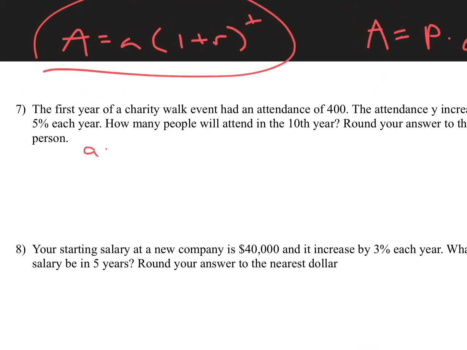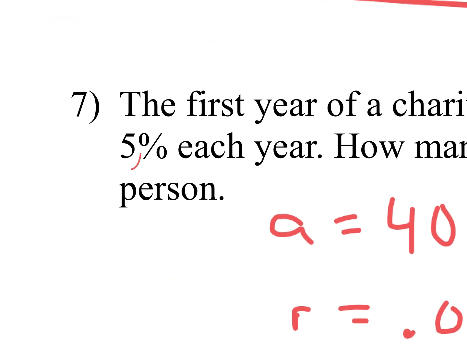So we need to find our A, which is our starting amount, our R, which is our rate, but in decimal form, and T is our time. So what's our starting amount? 400. What's our rate? 0.05. Awesome, 0.05. We take 5% and move the decimal 2 places, so that would give us 0.05.